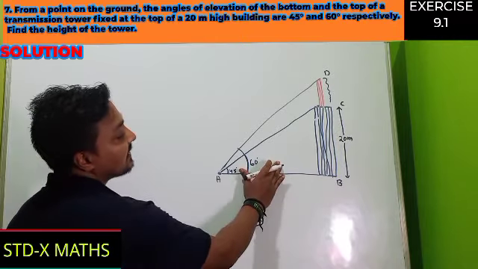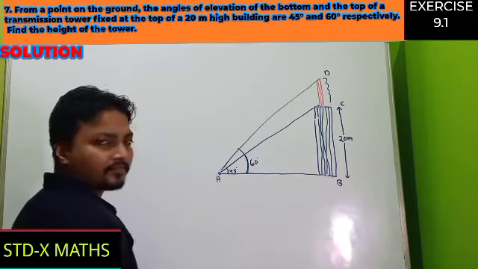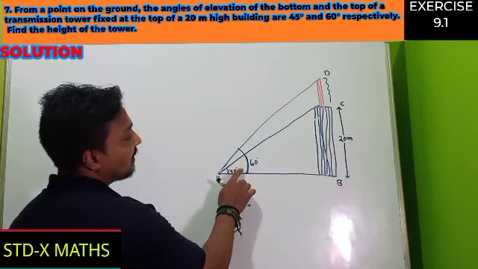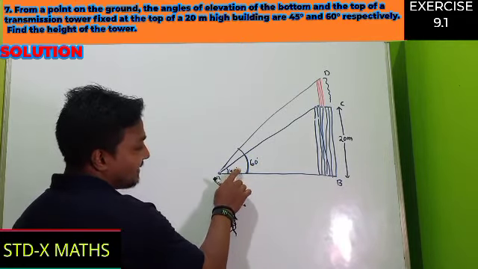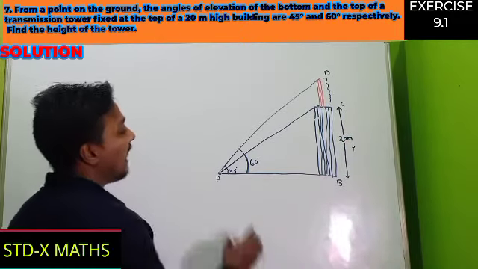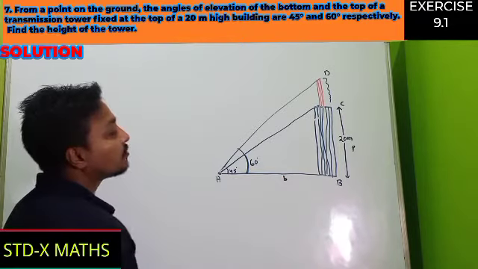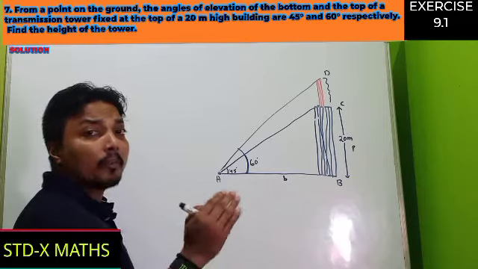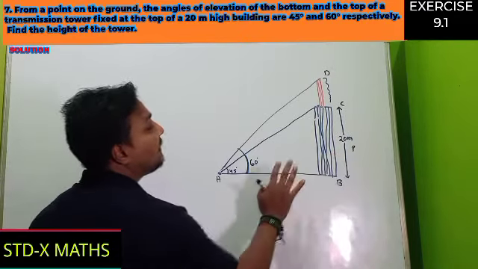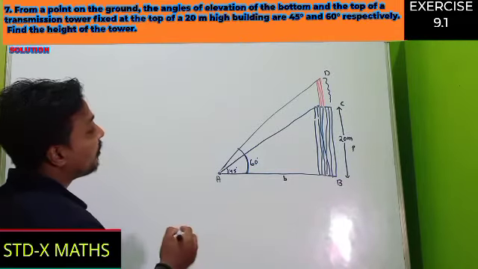See, in this triangle, the trick I told you: the common one is to this side, and the asked one is to this side. For the angle, that side is the P side, the perpendicular, and this is the adjacent side, the base, B. So we have to consider the trigonometric ratio relating P and B, which is tan.